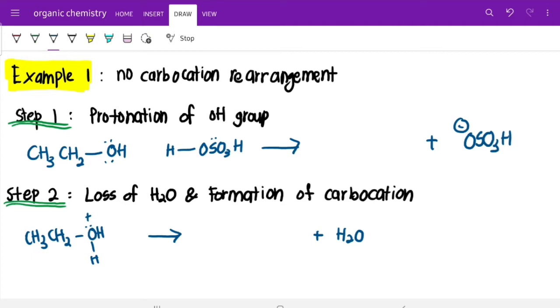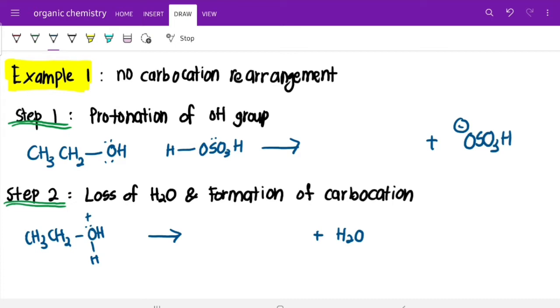But in this one I'm going to show you the basic dehydration of alcohol with no carbocation rearrangement. There are three basic steps in the dehydration of alcohol, and the first step is the protonation of the OH group. The dehydration of alcohol will always involve alcohols reacting with sulfuric acid as a reagent, and the condition is heat and reflux.